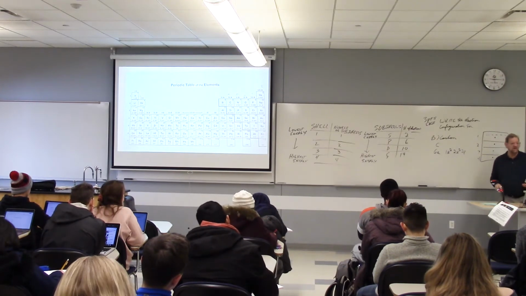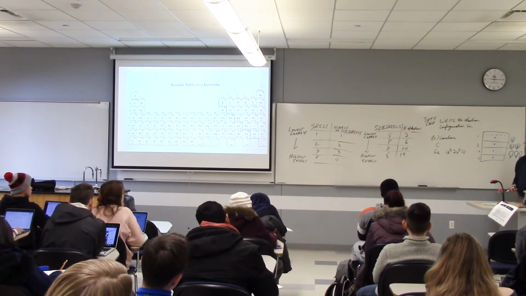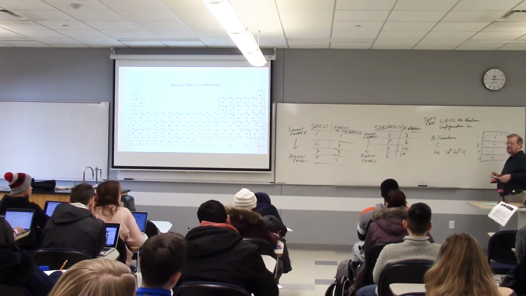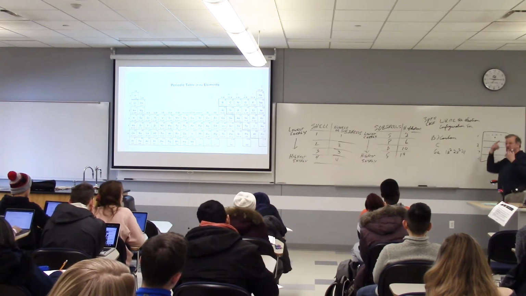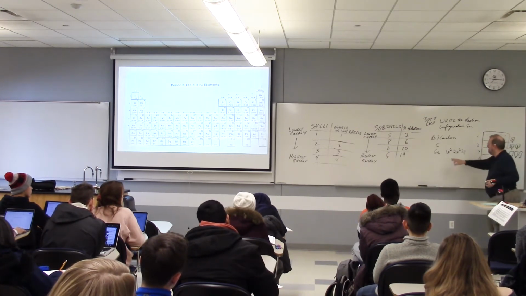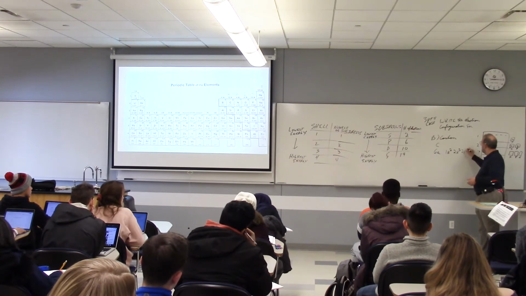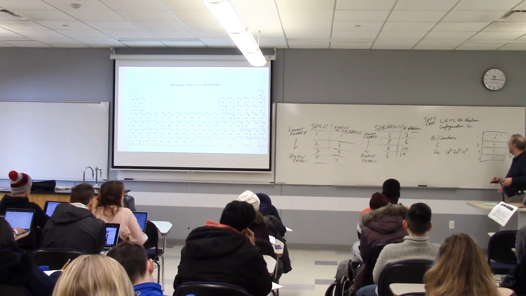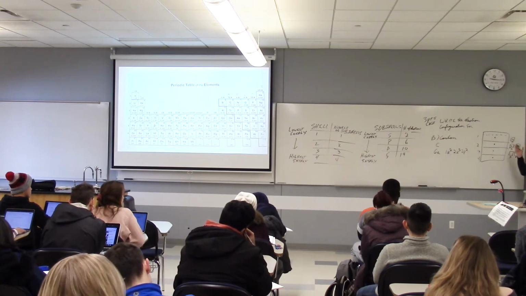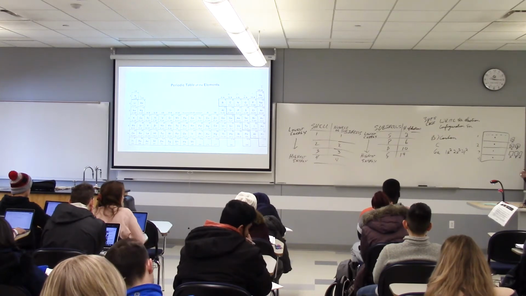How many can I put in there? 6. How many do I have left to go? You've got to use your high-level math and do it in your head: 2 plus 2 is 4, and 6 minus 4 is 2. I'll put 2 in there. I could have put more, but that's all I have to do. And that's how you do it.